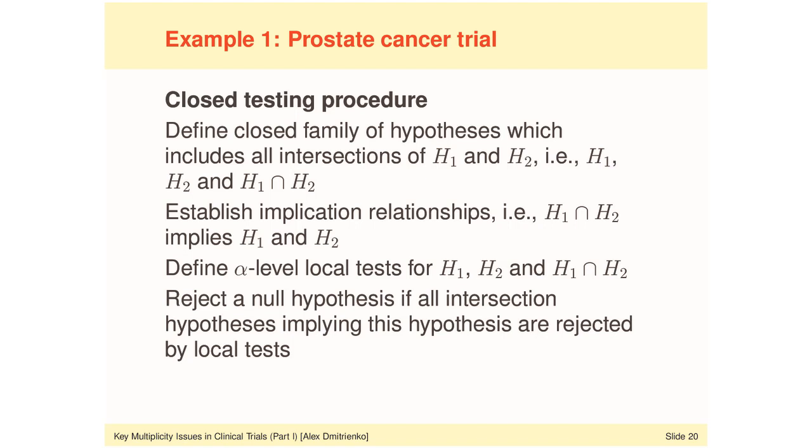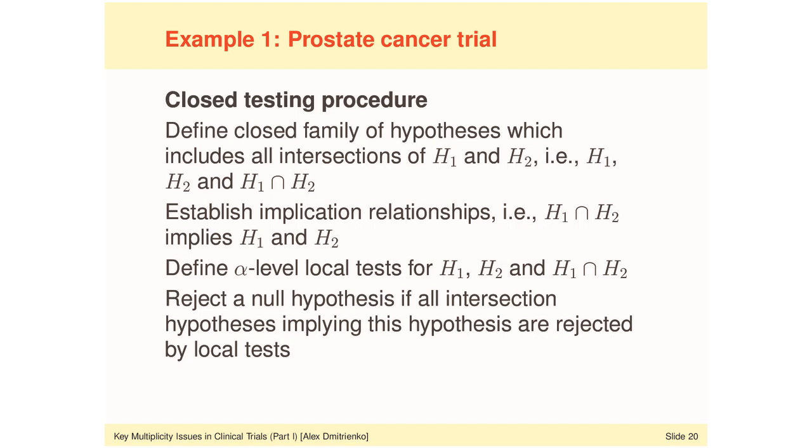That was step number 1. Step number 2, establish implication relationships. In this particular case, we say that the intersection between H1 and H2 implies H1, and it also implies H2, simply because those two null hypotheses are included in the intersection.